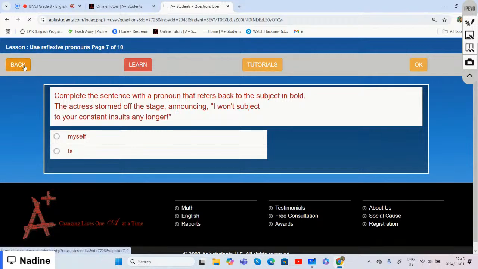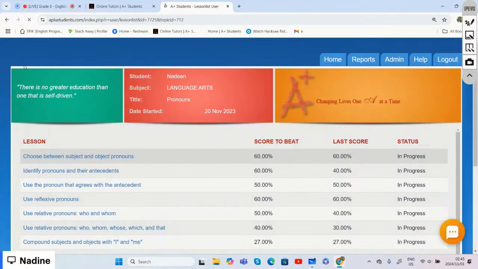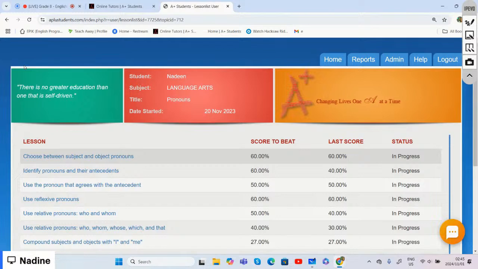All right. So for now, this is the end of our lesson on pronouns. We focused mainly on using reflexive pronouns. We said reflexive pronouns end in self and selves, right? With our reflexive pronouns, we also have singular subjects as well as plural subjects.